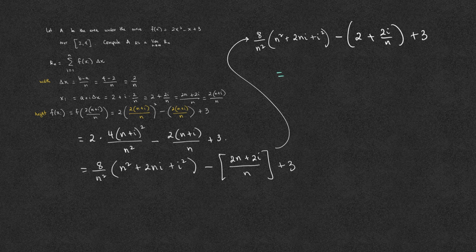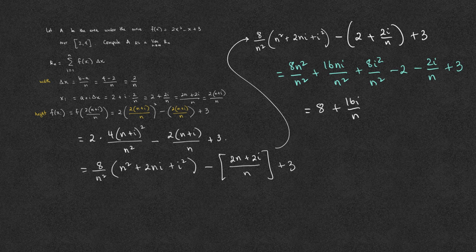Simplifying this further, this is 8n²/n² + 16ni/n² + 8i²/n² − 2 − 2i/n + 3. We then combine like terms. But first, 8n²/n² is 8. 16ni/n² is 16i/n, plus 8i²/n², minus 2i/n plus 3.